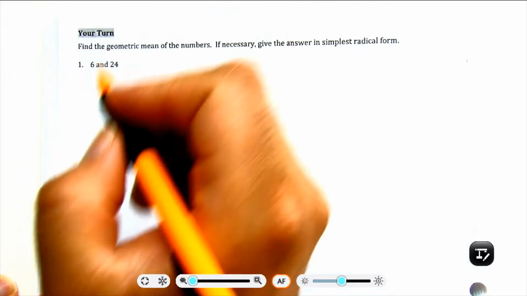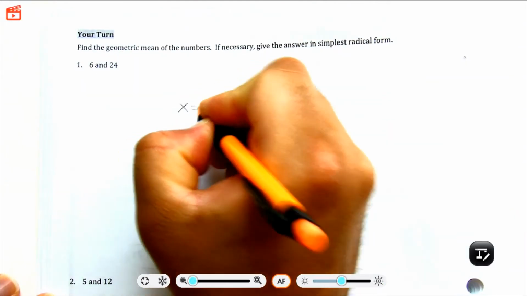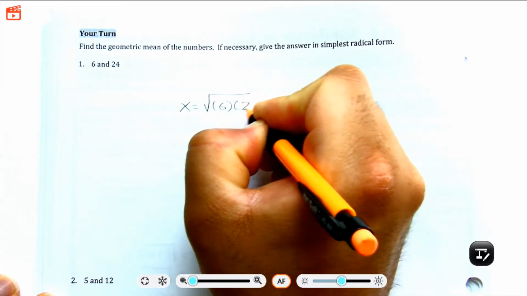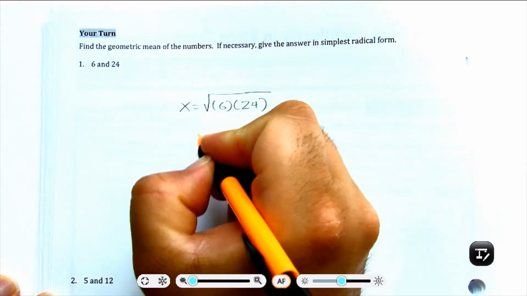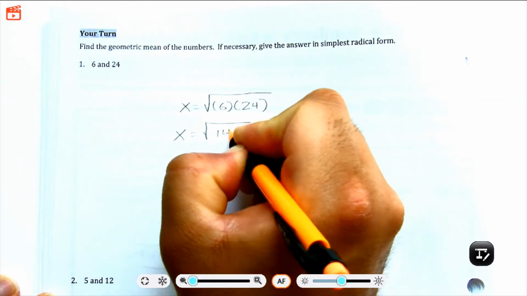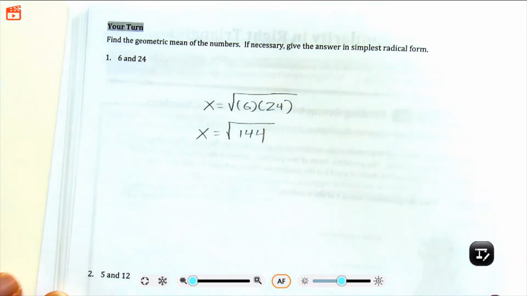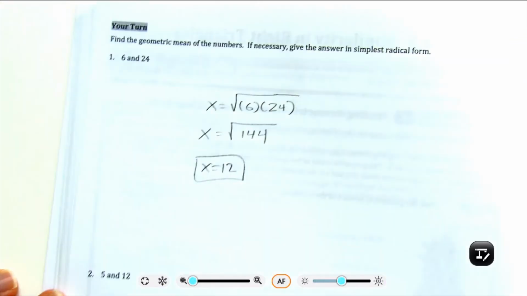So using the shortcut, I'm going to have x is equal to the square root of 6, that's a, times b, which is 24, which becomes x is equal to the square root of 144, and the square root of 144 is 12. So the geometric mean would be 12.